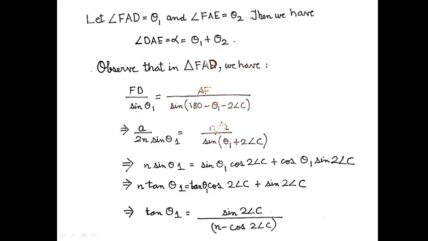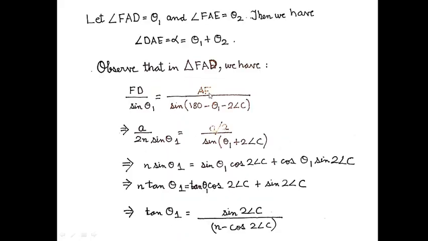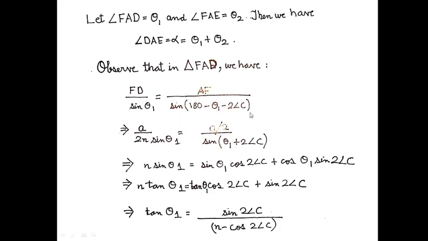So we apply the sine rule: FD by sine of FAD equals AF by sine of 180 minus theta 1 minus 2 angle C, that is, sine of angle AFD's opposite angle, 180 minus theta 1 minus 2C.